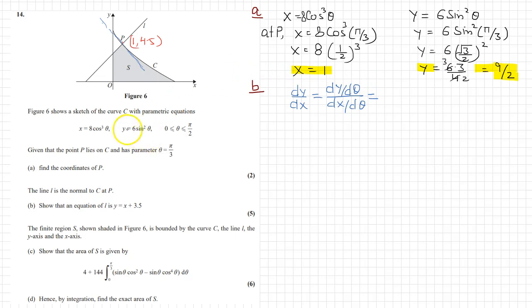So dy over d theta is 6 times 2 is 12 sine theta, and the differential of sine theta is cos theta. Divide by 8 times 3 is 24 cos square theta, and the differential of cos theta is minus sine theta.